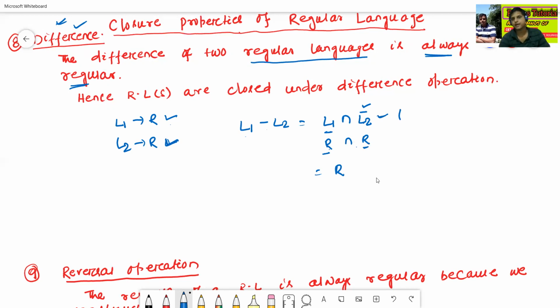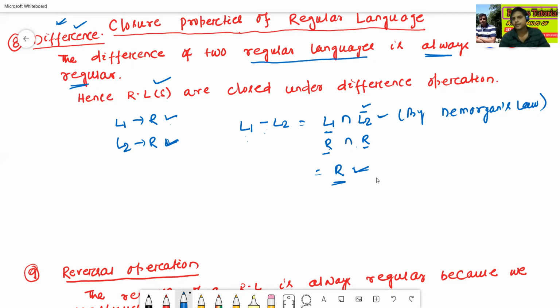This is by De Morgan's law. So L1 difference L2 is regular. Hence regular languages are closed under the difference operation.